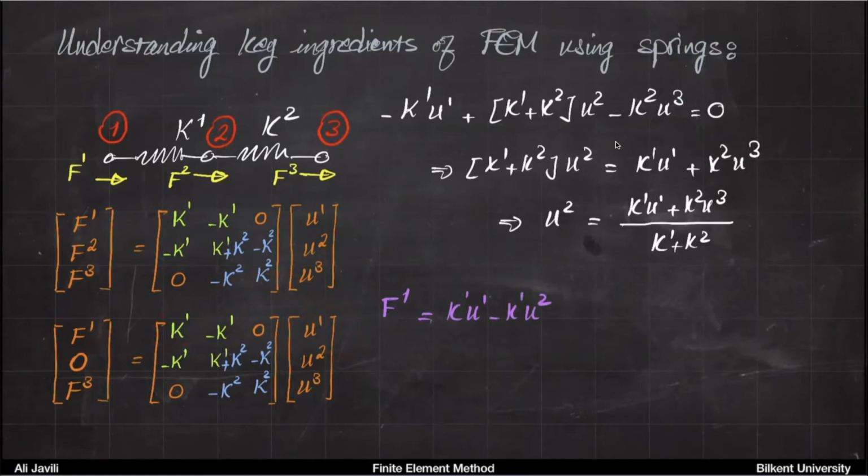But now instead of U2, I want to use the relation that we have up there for U2. Then you get K1 U1 minus K1 times (K1 U1 + K2 U3) divided by (K1 + K2).